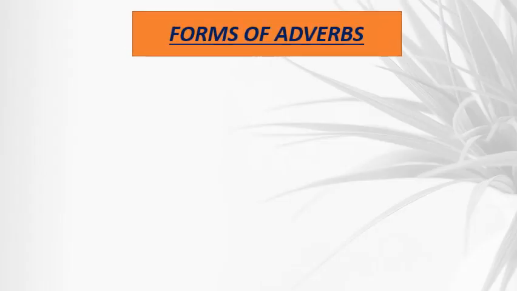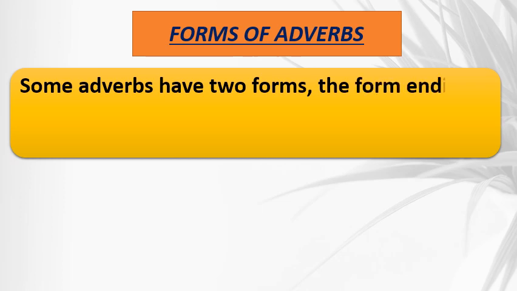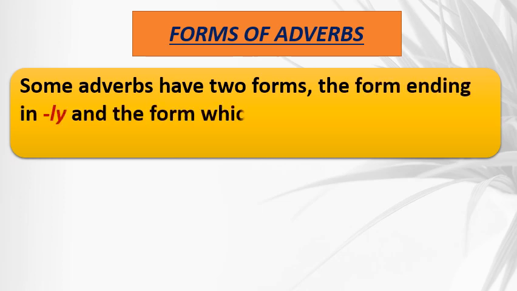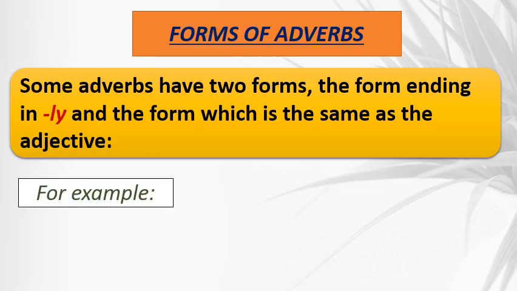So let's see what are the forms of adverbs. Some adverbs have two forms, the form ending in ly and the form which is the same as the adjective, but both the forms are used as an adverb in the sentences. To clarify it, let's see some examples.